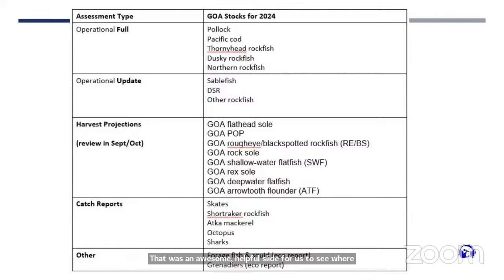As far as model runs for Thornyhead, for Dusky, and for Northern, I'd like to just support the plan team's recommendation for models to be brought forward in December for those. For Dusky and Northern, the plan team also recommended bringing forward only the VAST apportionments to match what the stock assessments were using as far as methodology for those surveys.